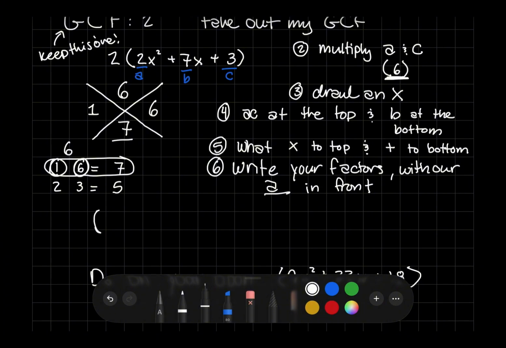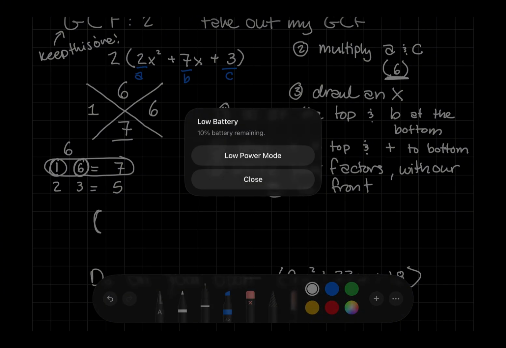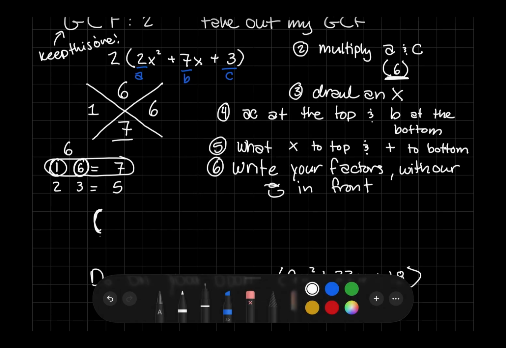You are going to open parentheses. Our A is 2x. This is a positive 1, so I'm going to do plus 1 times 2x. This is my A in front. Plus 6. And let's not forget our greatest common factor from the very front, 2.